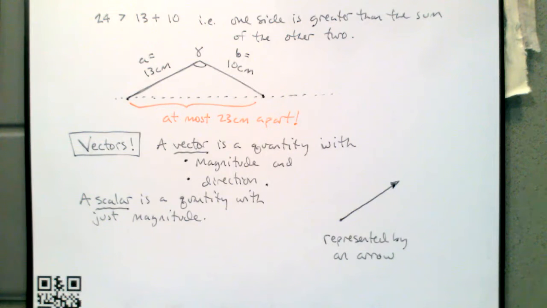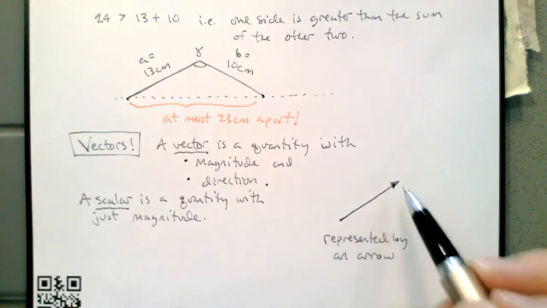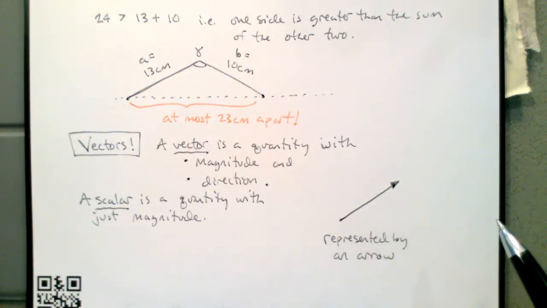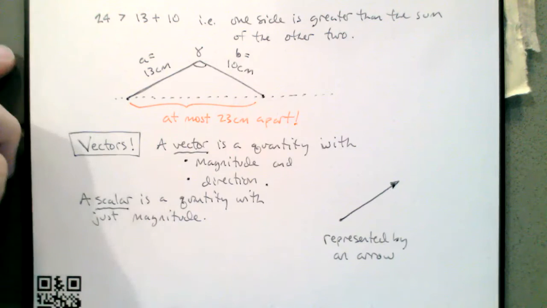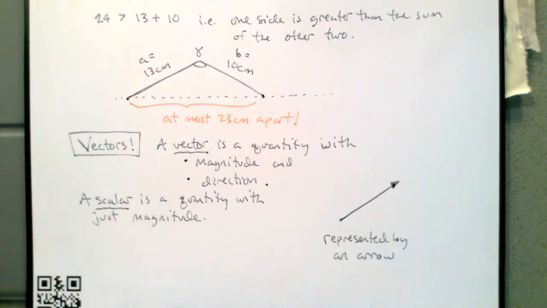All right. So we usually represent our vectors with arrows to point in the direction that they're going. They have an initial and a terminal point. I couldn't remember what the words were for a second there.